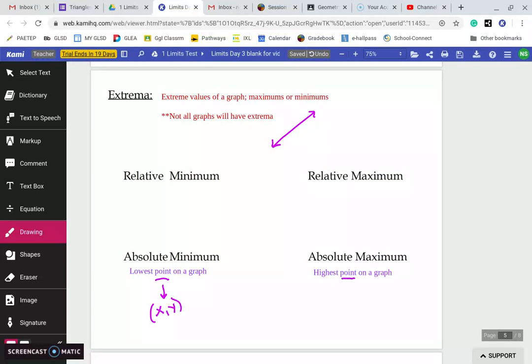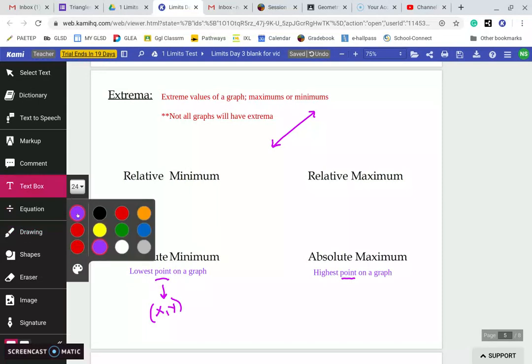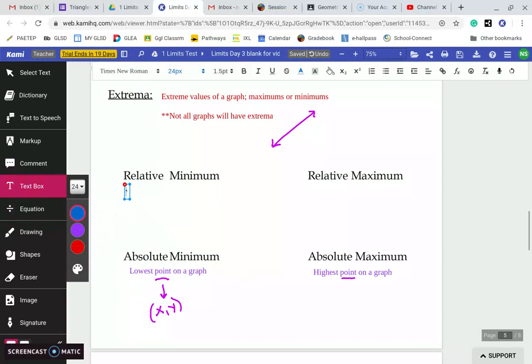Okay. So now relative. Relative means that it is where a graph changes from decreasing to increasing. So think about a parabola.